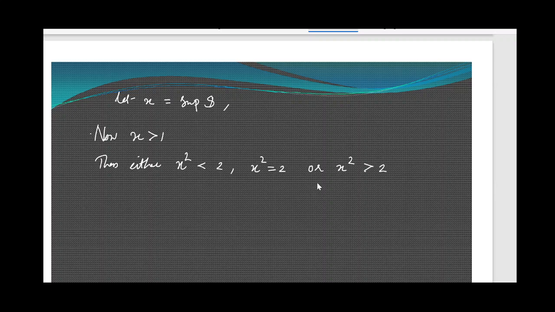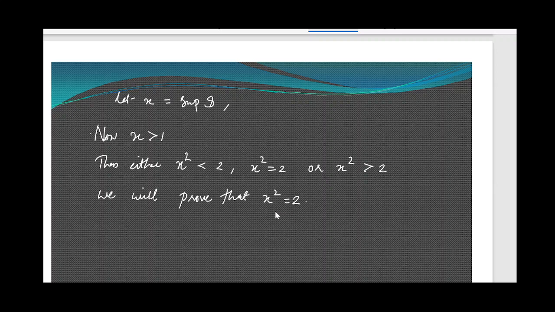Now we will prove that this x square equal to 2. For that, what we will prove is x square less than 2 is not possible, and x square greater than 2 is also not possible.